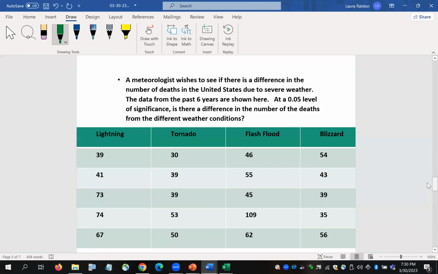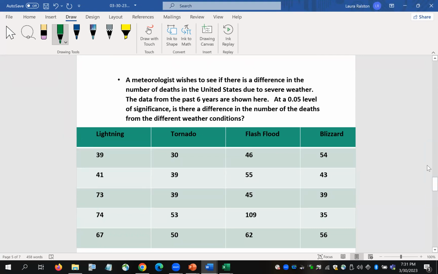It says, a meteorologist wishes to see if there is a difference in the number of deaths in the United States due to severe weather. The data from the past 6 years are shown here. So you have the table. At a 0.05 level of significance, is there a difference in the number of deaths from the different weather conditions?